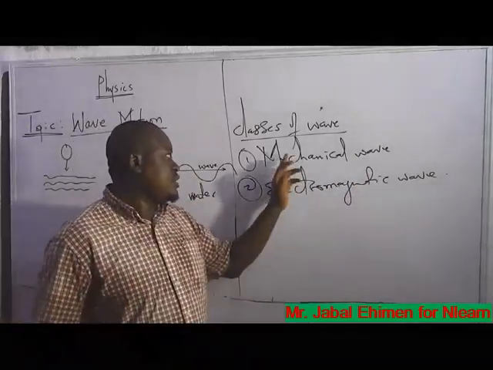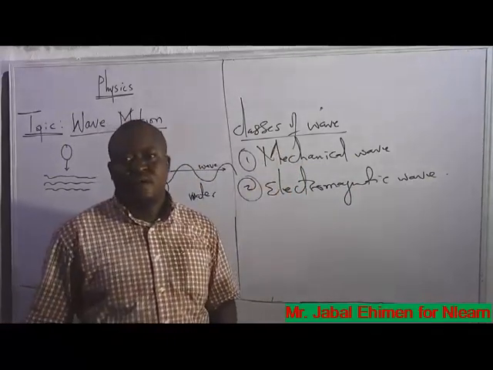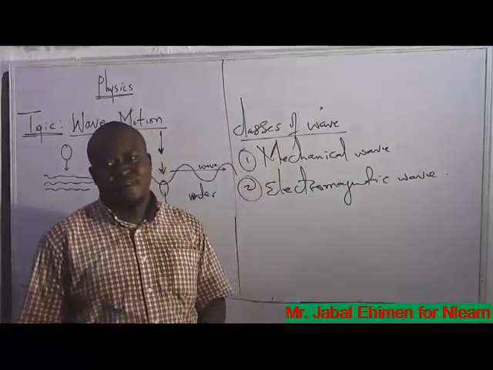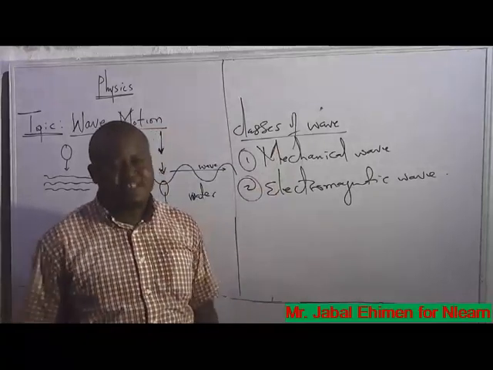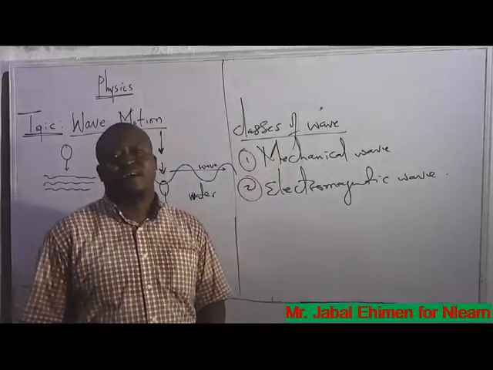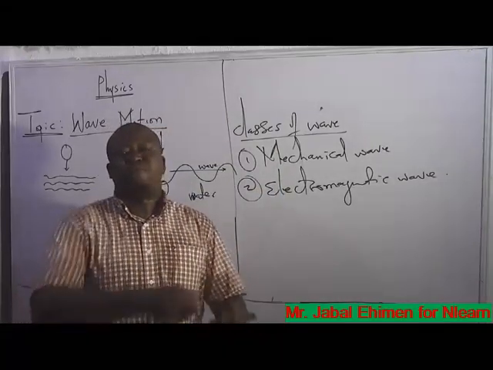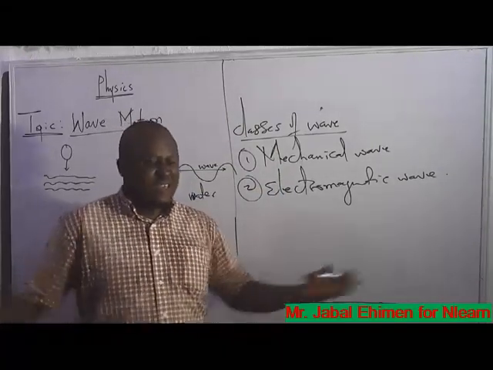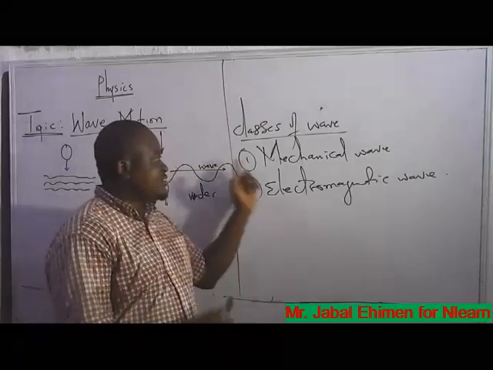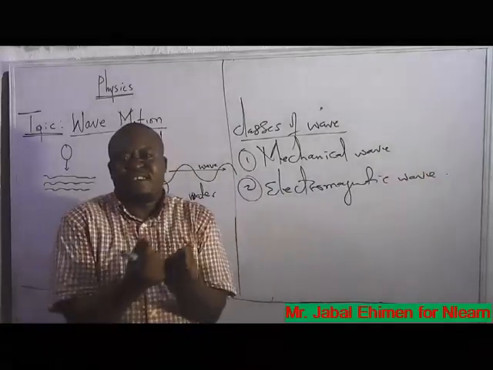Examples of a mechanical wave are water wave, sound wave, and the wave of a plucked string, maybe a guitar string you pluck. Those are mechanical waves because they need a material medium.